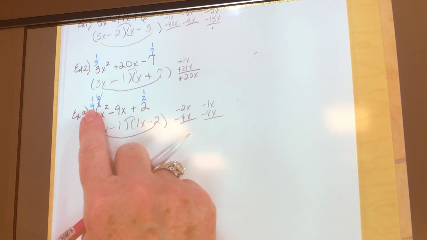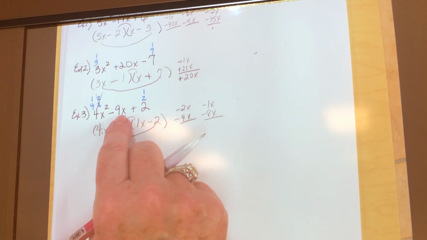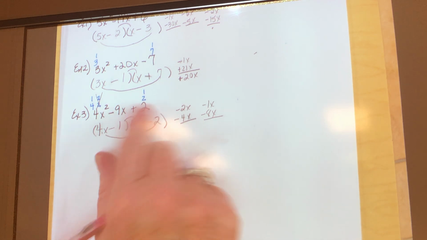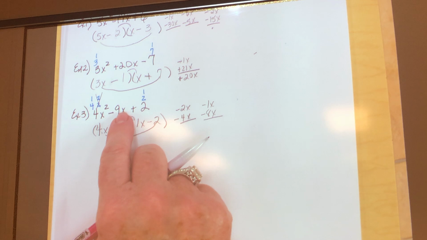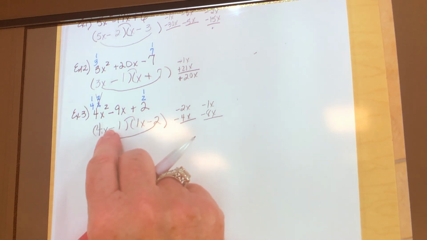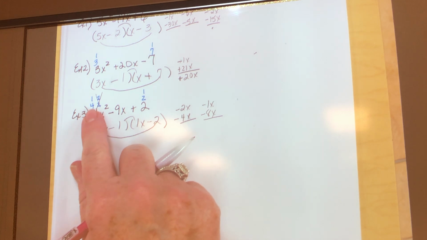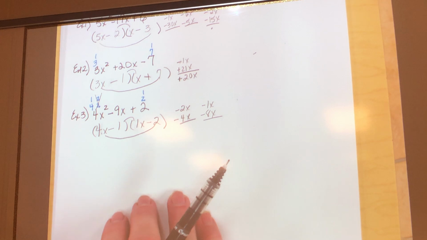But if you look at this middle term, and it is an extreme number, extremely large or extremely small, and I don't mean like 900, I mean multiply this front number times the back number. What's 4 times 2? 8. So if it's really close to 8 or really close to 1, that's an extreme. That means you're going to probably use the 1 and the 4. Okay? All right, let's try another one.